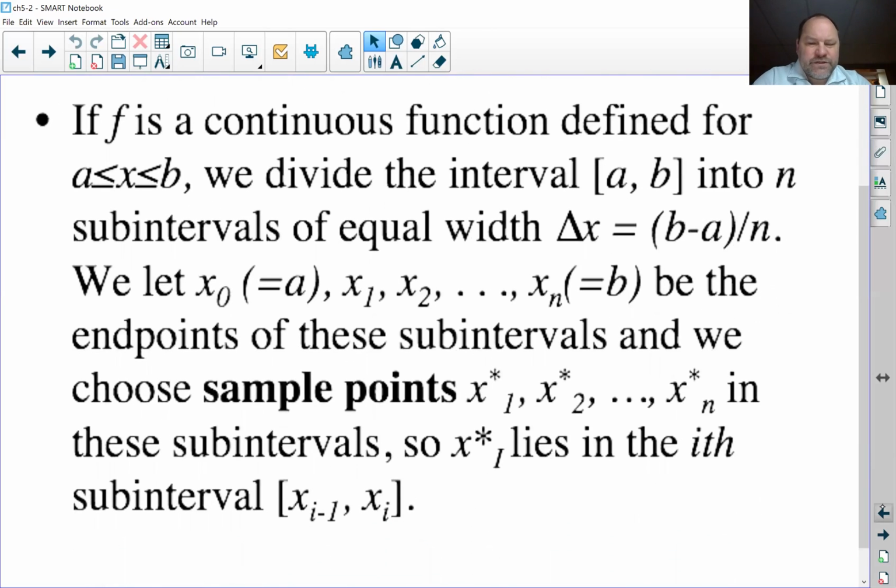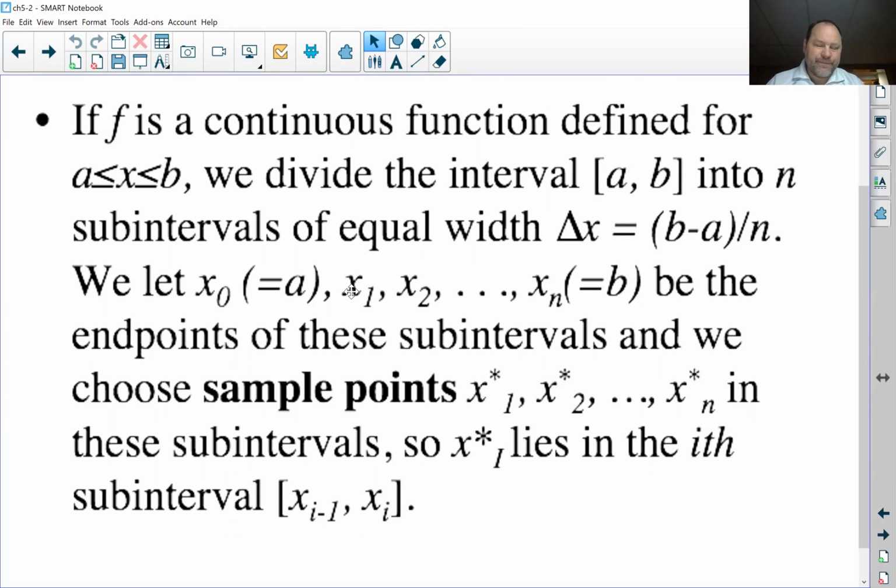And then we choose some sample points. Let me just kind of describe what I'm saying here. We're going to pick x star sub 1 to be some value between x sub 0 and x sub 1. If we were doing left-hand approximations, x star 1 would be x sub 0.